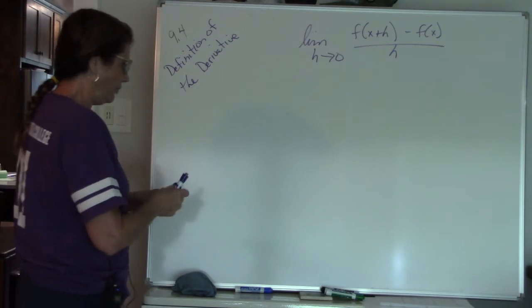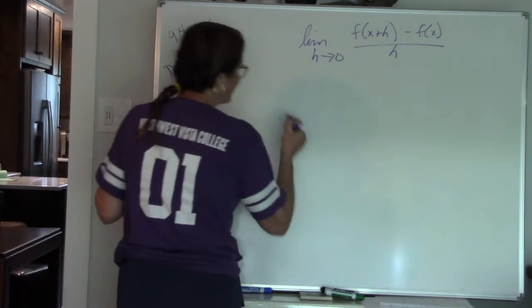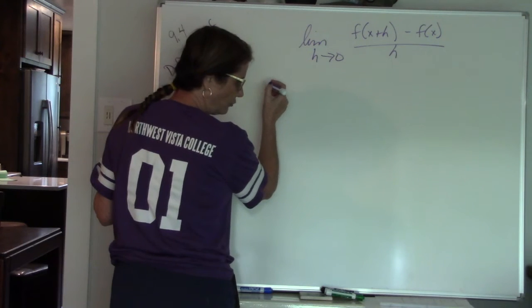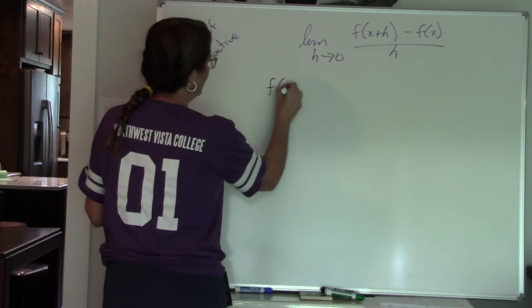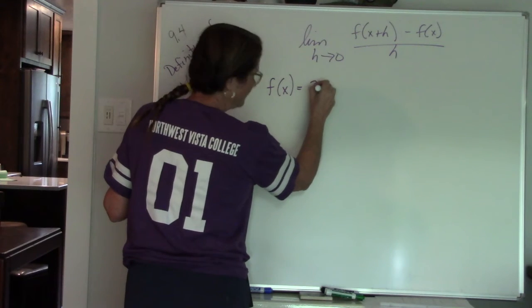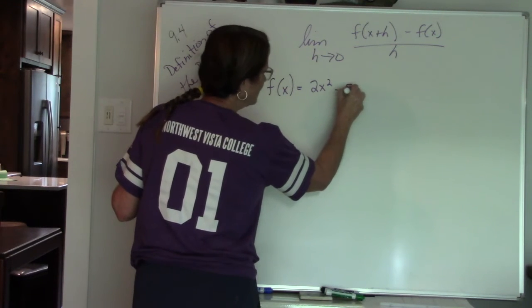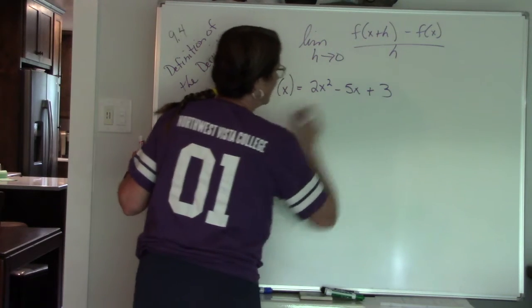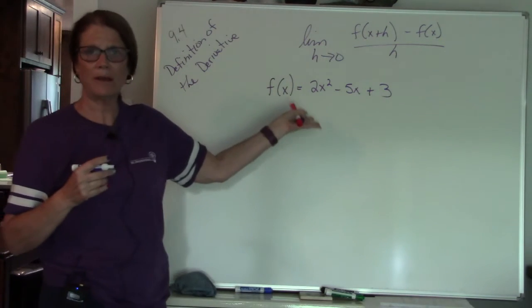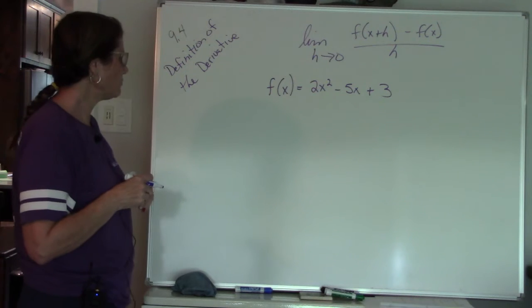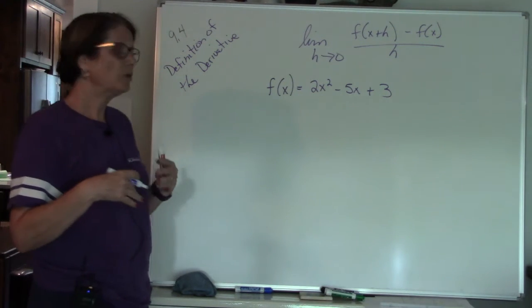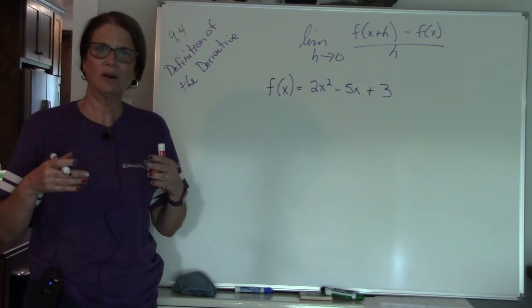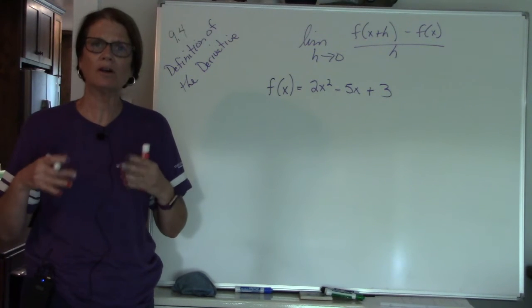So let me write the function, and it's called a 4-step process. So here's our function, f of x equals 2x squared minus 5x plus 3. Okay, so this is our parabola. So where we're going with this is we're going to be able to pinpoint our slope anywhere on our graph.